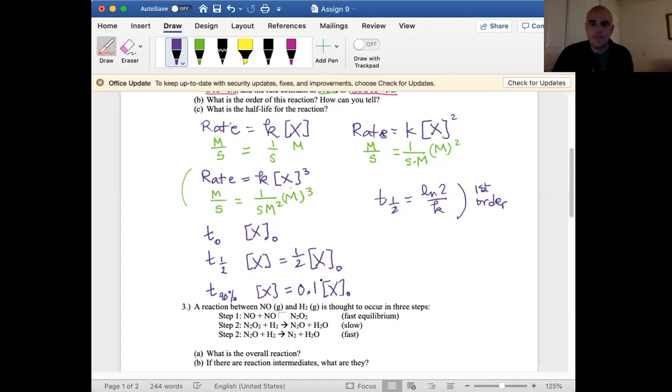So when we look at our half-lives, then we want to think about those integrated rate law relationships. So for our first order integrated rate law, first, I'm going to need more space.